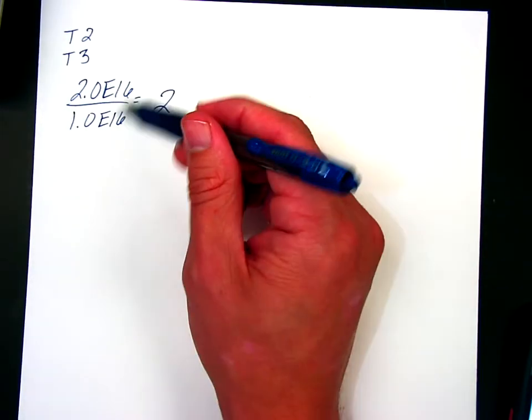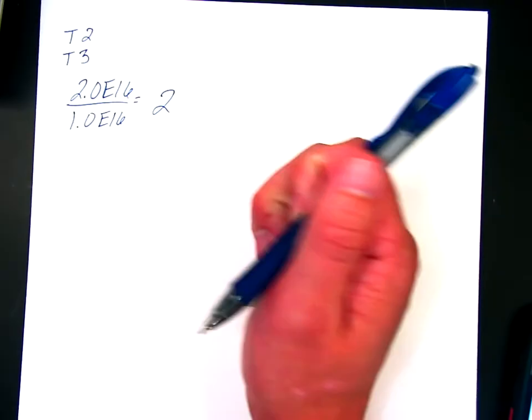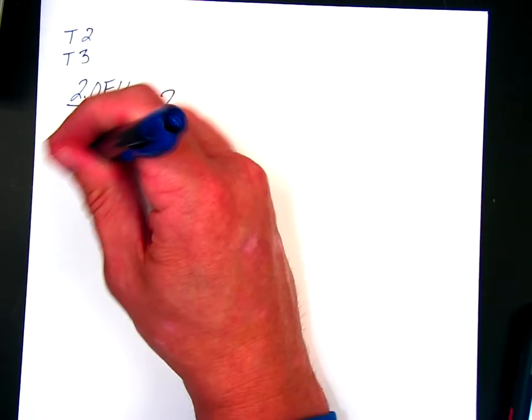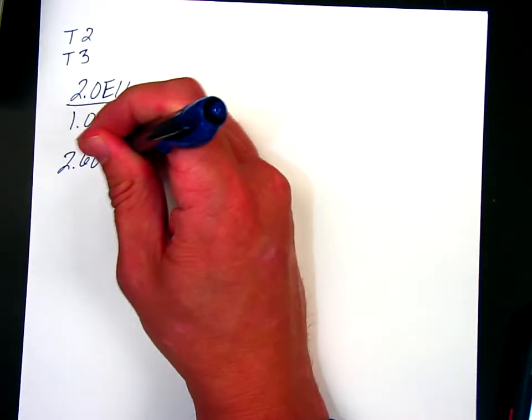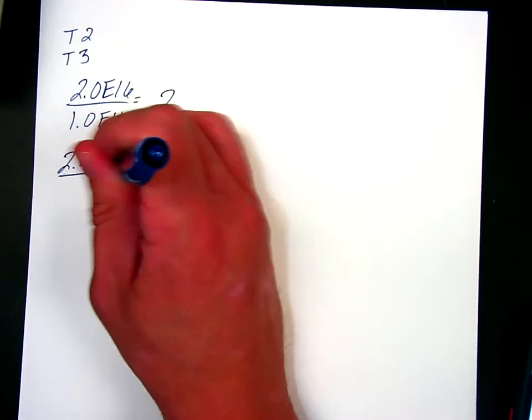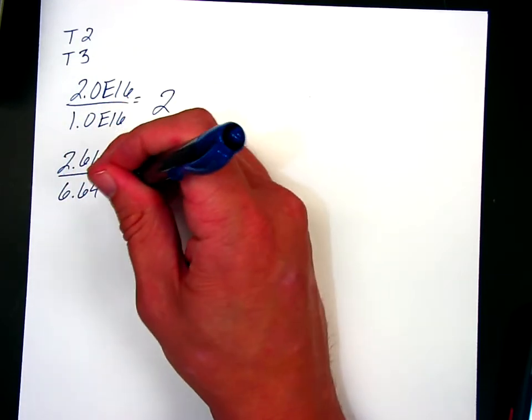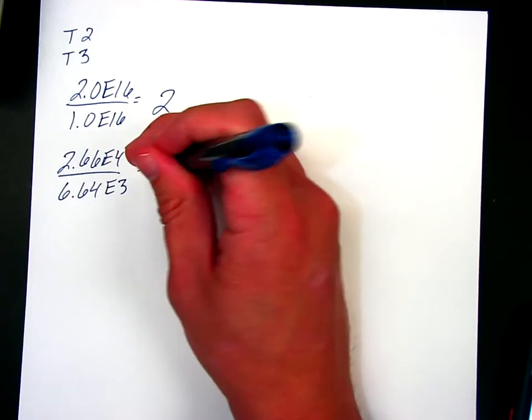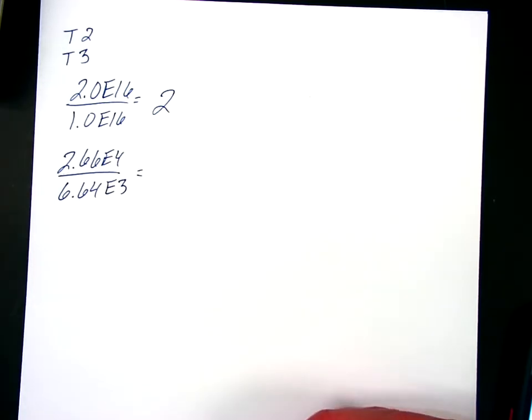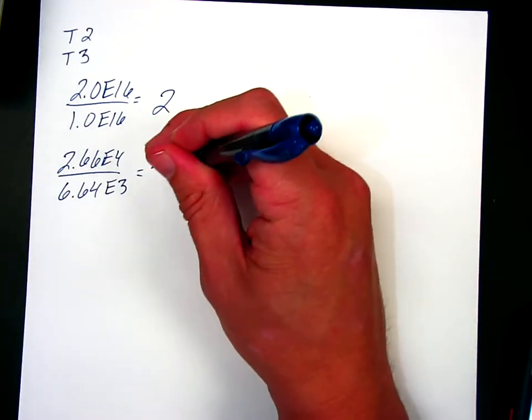I'm going to divide the same trials again, but using the rates that they give me, which is 2.66 E4 over 6.64 E3. And that gives me the number 4.